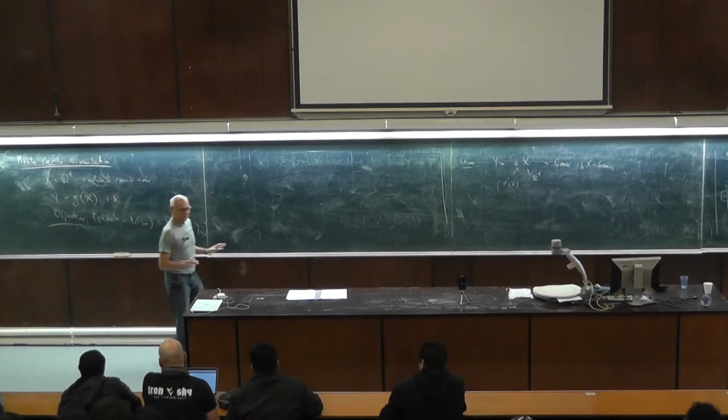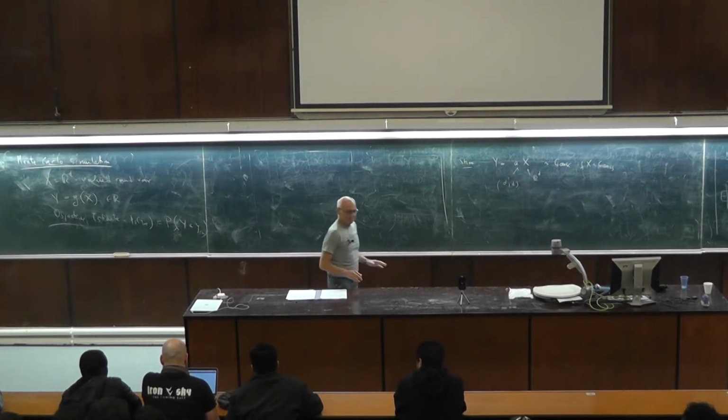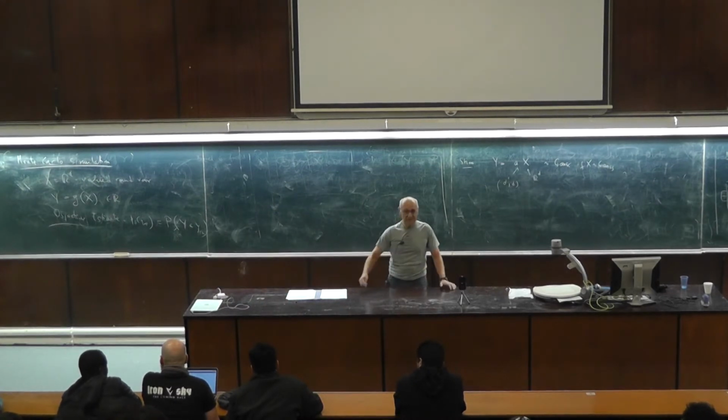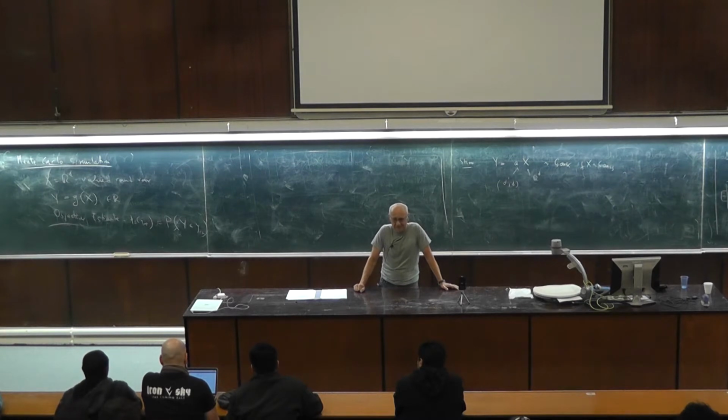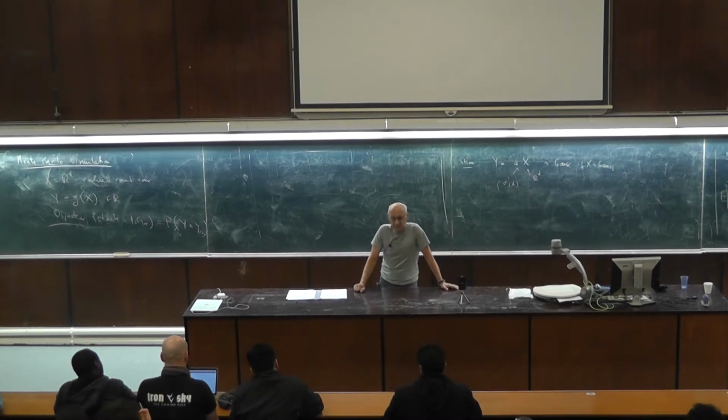So is this clear what we are after? Think of X, as I said in the first example we discussed, as stiffness and load, and Y as the tip displacement of the cantilever. We wanted to estimate the probability that the tip displacement does not exceed a critical value, whatever that value is. Okay?